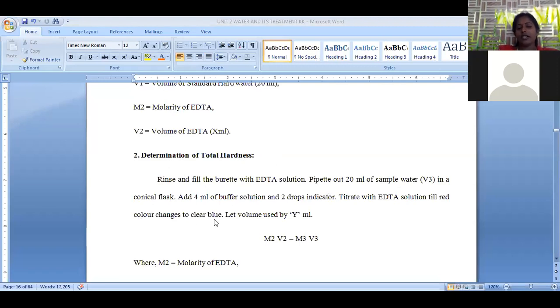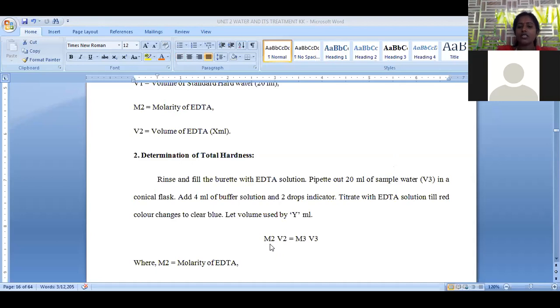At the end point, the color again changes from red to blue. The difference is that here we take sample hard water, whereas in the previous step we took the standard hard water we prepared. That is the only difference, and the remaining titration process is exactly the same.